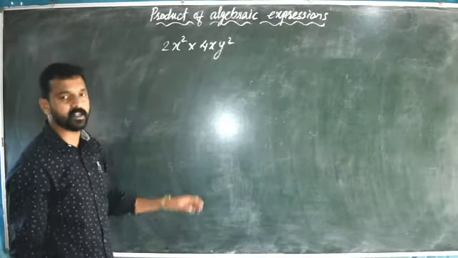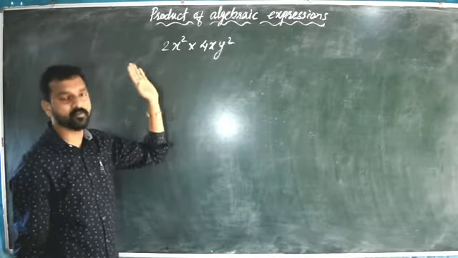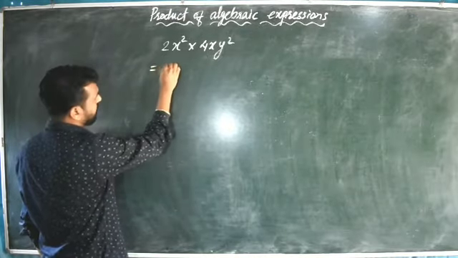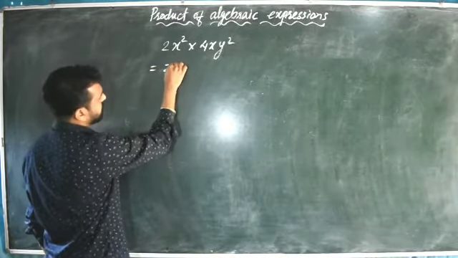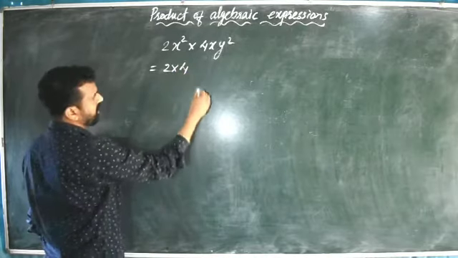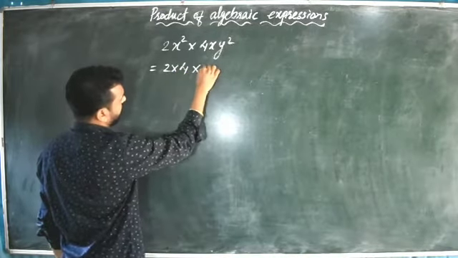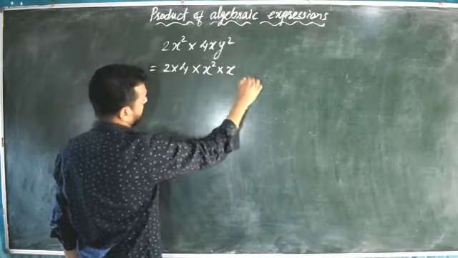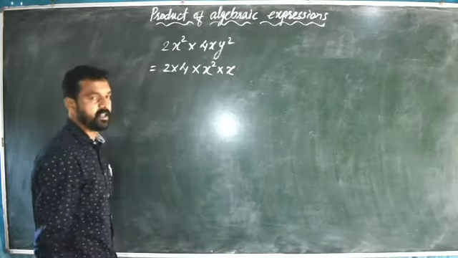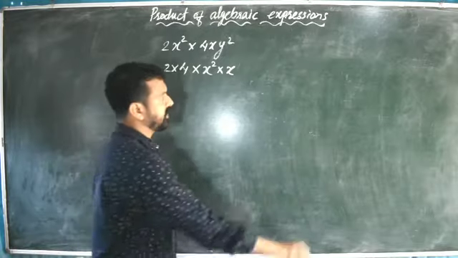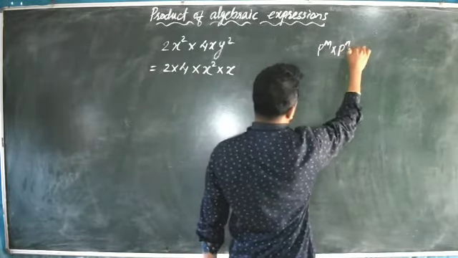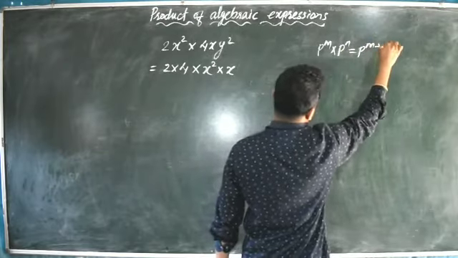So two rules are there to multiply these two monomials. First, multiply the coefficients of each term together, and multiply the variables of the monomials together with the laws of exponents, that is, p raised to m into p raised to n is equal to p raised to m plus n.